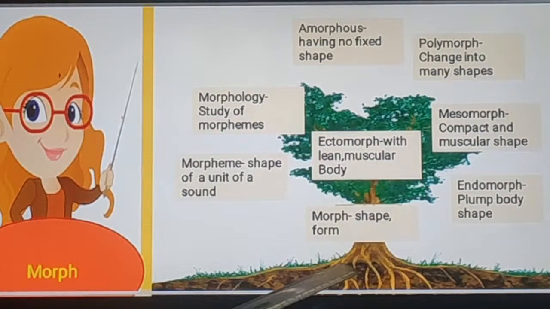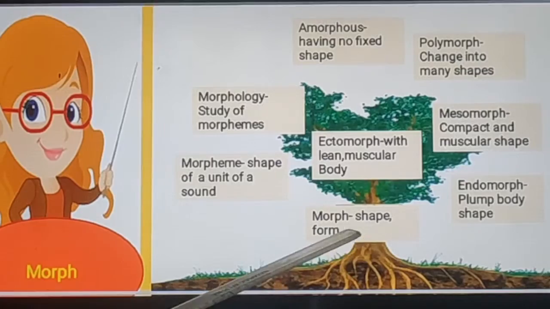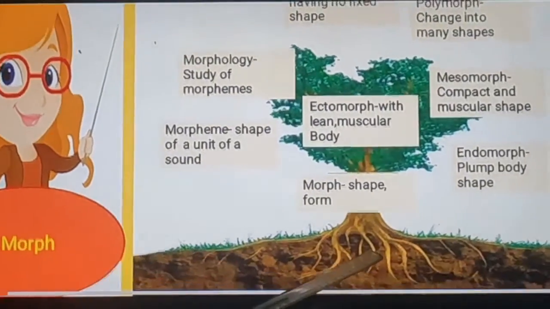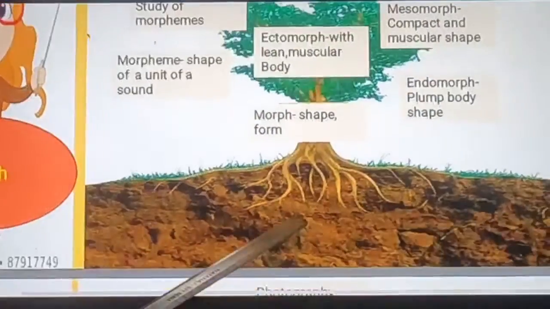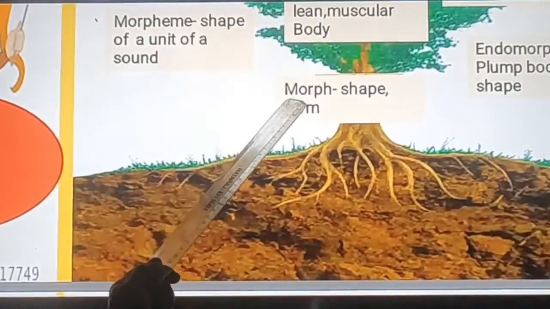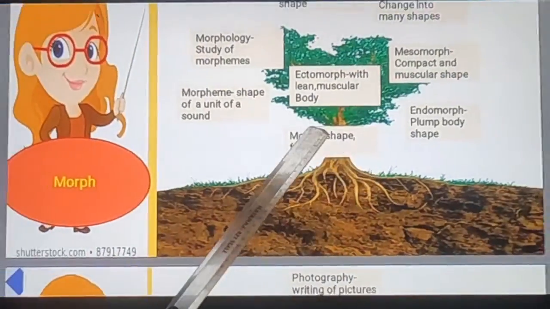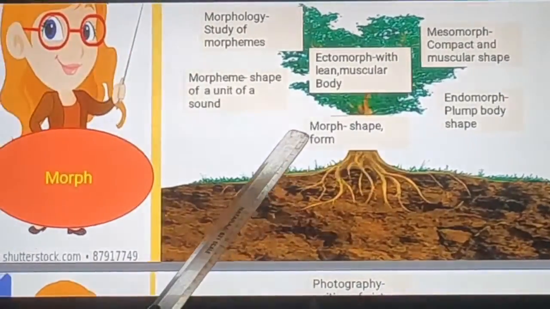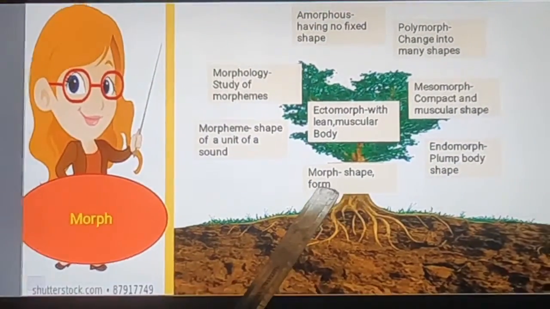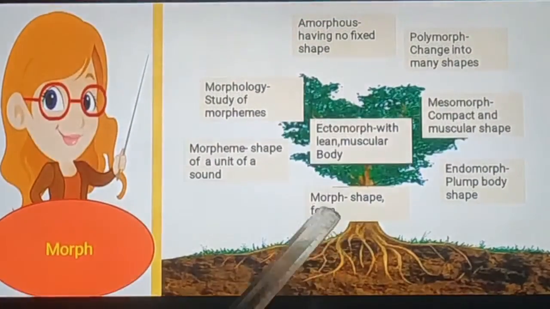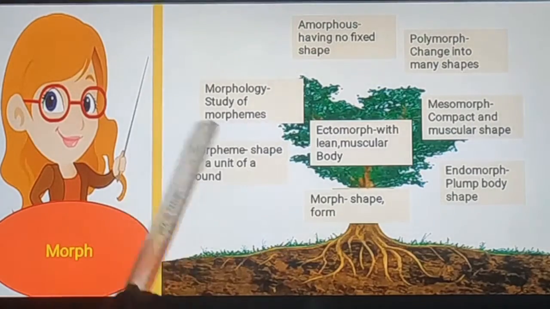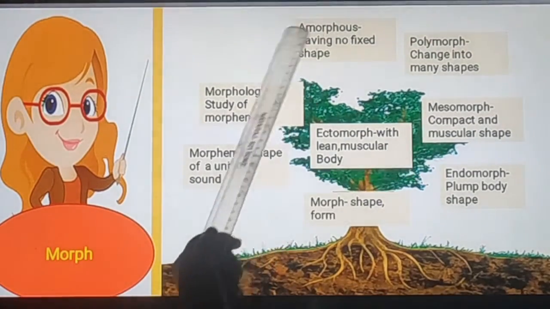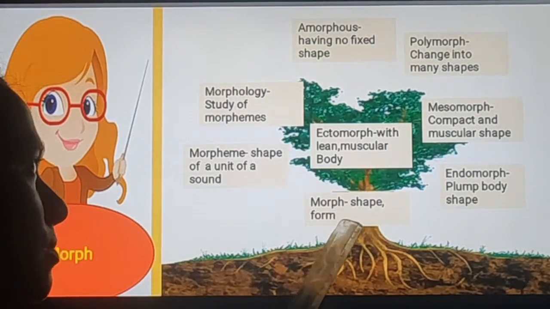This is the tree, which has roots in the ground. Like that, morph is also a root word. Root word means shape and form. Just as a tree has branches, these words are like branches of morph.